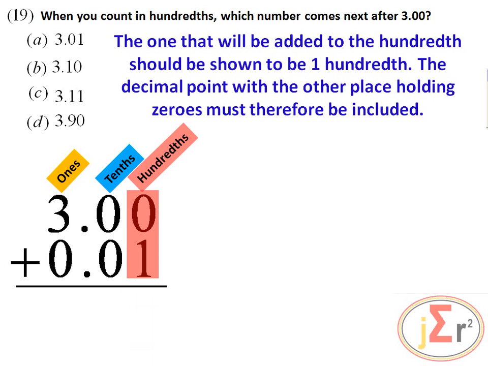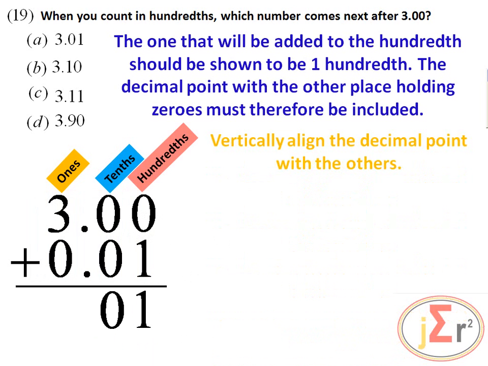And we will just add as normal. 0 plus 1 is equal to 1, and 0 plus 0, that's equal to 0. Vertically align the decimal points with the others. So we have done that, and then we will add the 3 also.